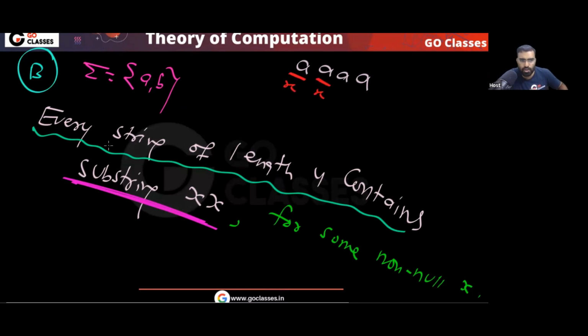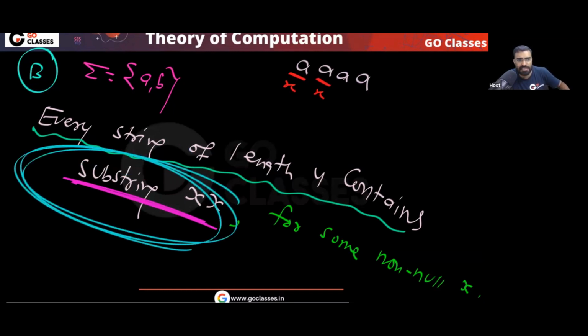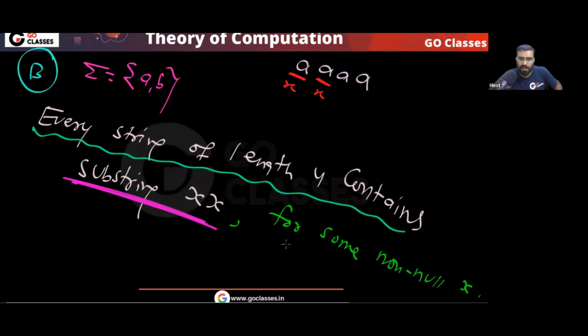Option B is saying every string of length 4 contains substring xx for some non-null x. So in this string, you can take x equal to a, and you can also take x equal to double a, no problem.